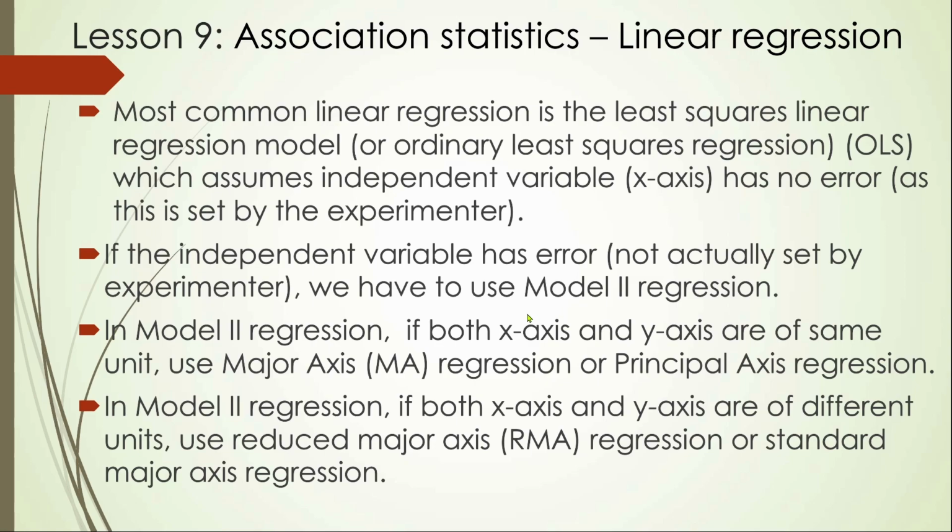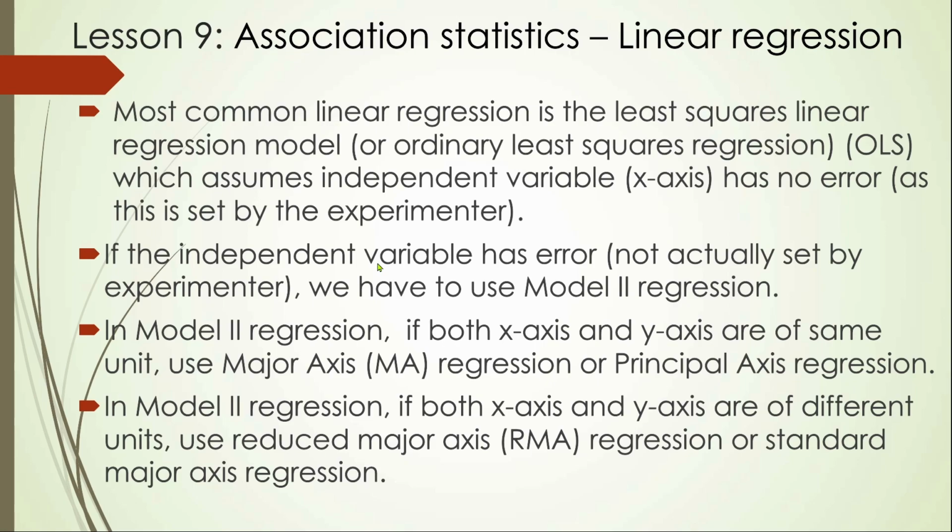In model 2 regression, if both x-axis and y-axis are of the same unit, we use the major axis regression, also called principal axis regression. Whereas in model 2 regression, when x-axis and y-axis are of different units, we use reduced major axis regression or standard major axis regression. The least squares linear regression model follows the model 1 regression.